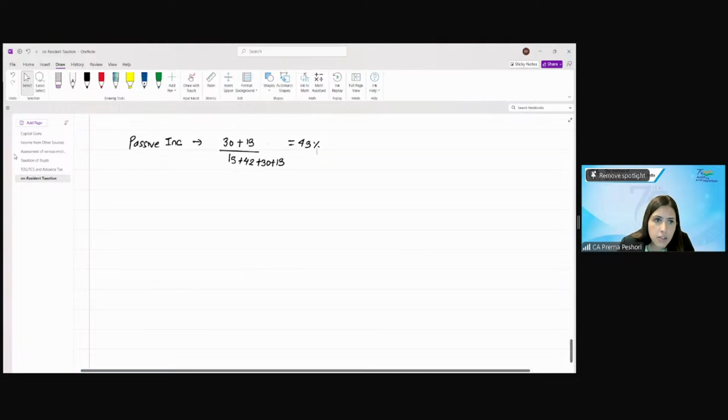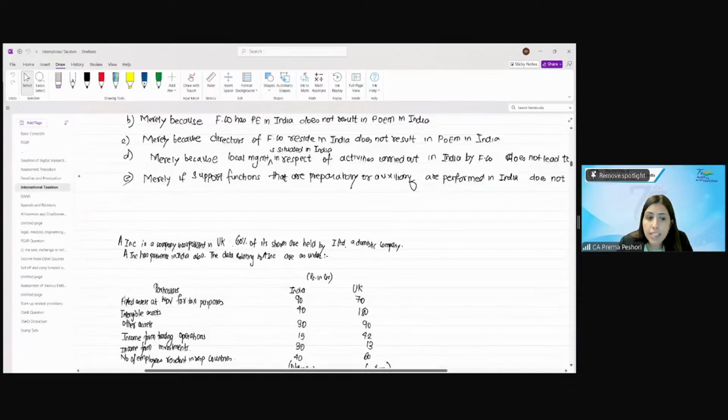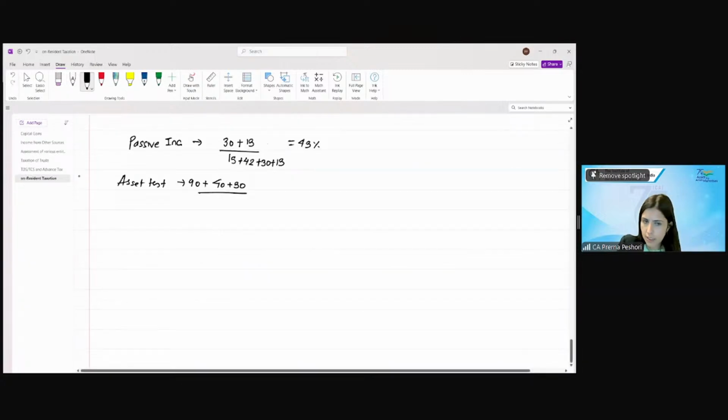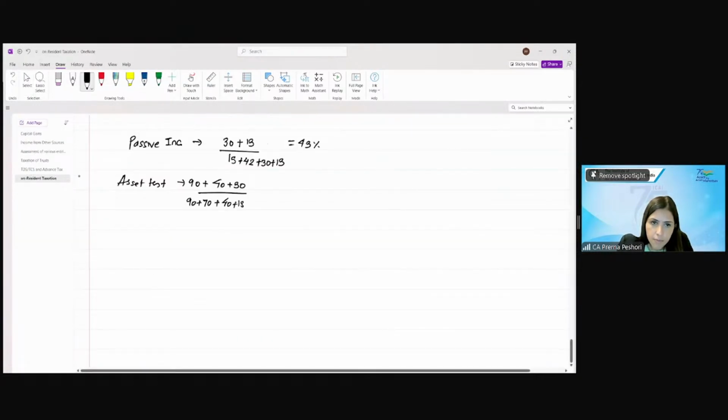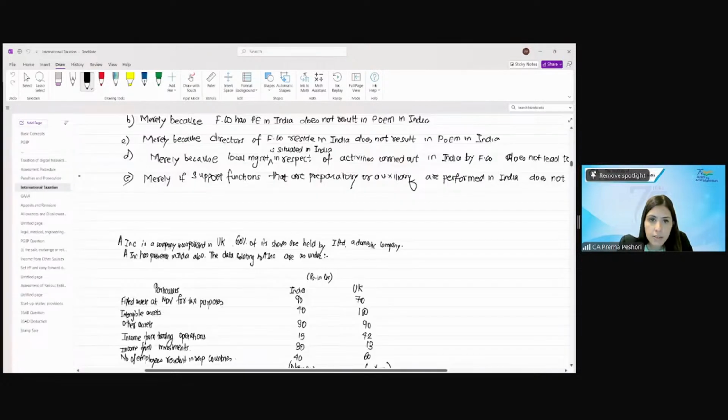So the asset test will be 90 plus 40 and plus 30, which is the other assets. I will take all of this divided by my total assets. Total assets is 90 plus 70 plus 40 plus 180 plus 30 plus 90.